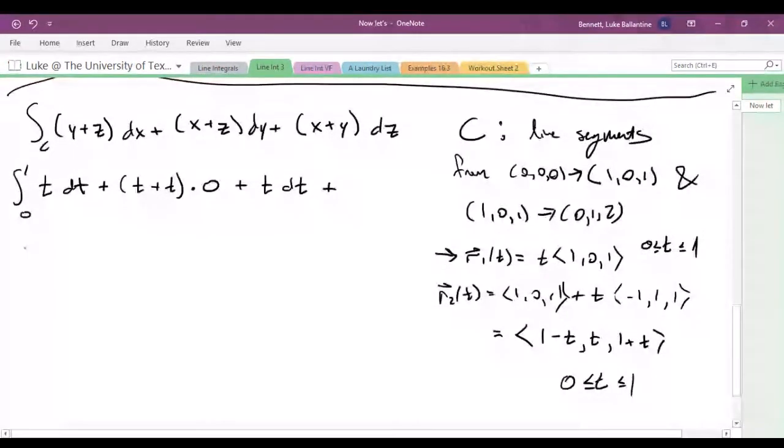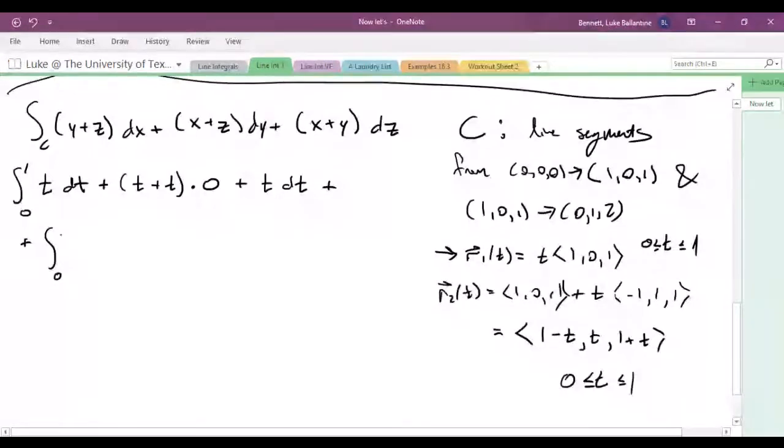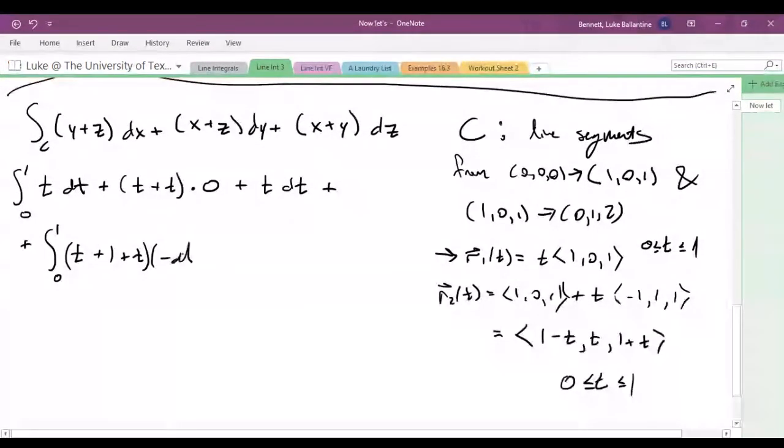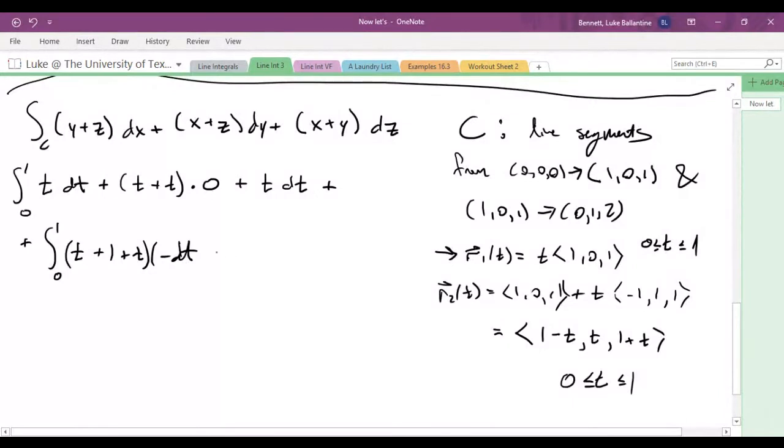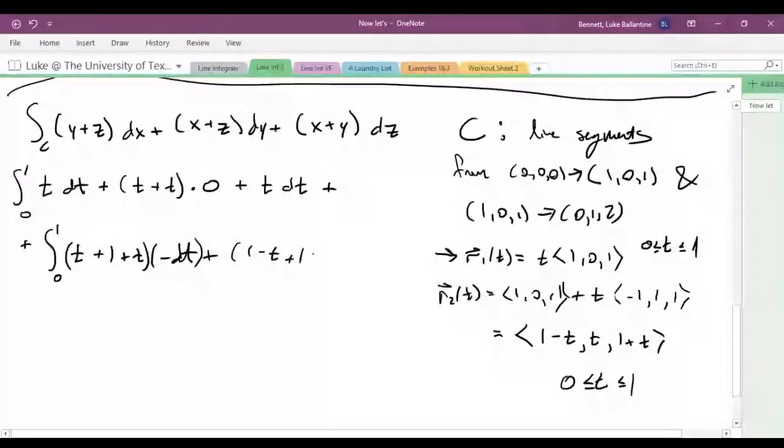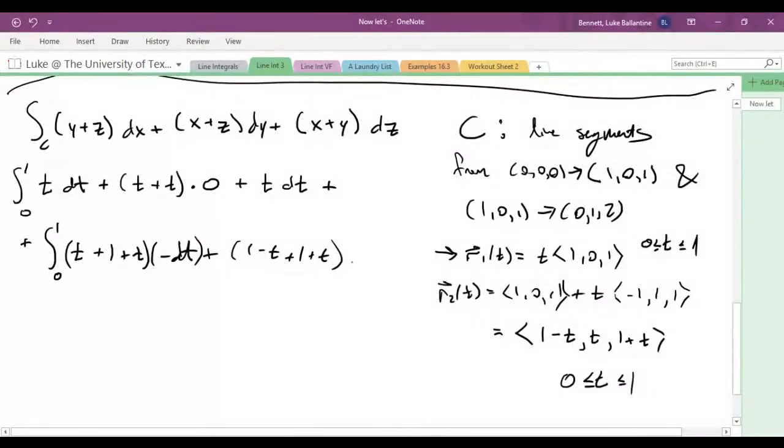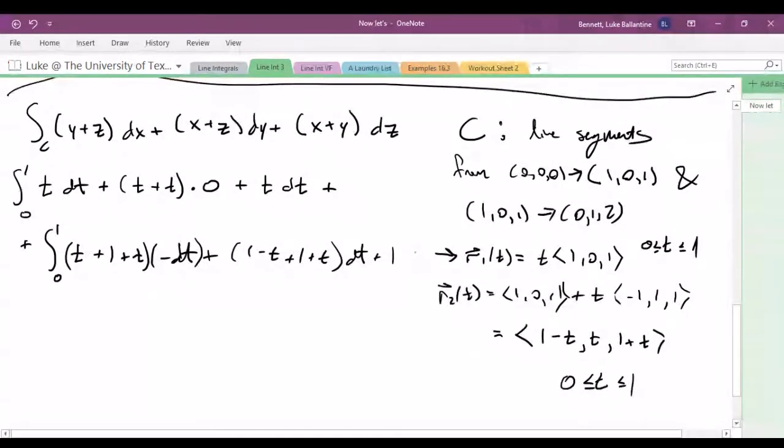And now we add C2, 0 to 1. We get y plus z, that's 1 plus t, dx is negative dt. Okay, now we have plus x plus z, x is 1 minus t, z is 1 plus t, dy would just be dt, plus x plus y, 1 minus t plus t is 1, dz is just dt. Okay, these t's cancel.